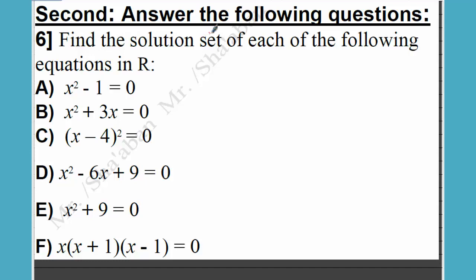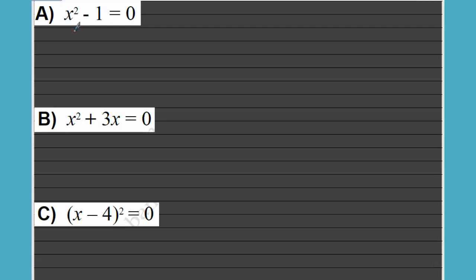Second, answer the following questions. Find the solution set of each of the following equations in R. A, x squared minus 1 equals 0. So we will factorize the left hand side. It will be x minus 1 multiply x plus 1 equals 0, as a difference of two squares.